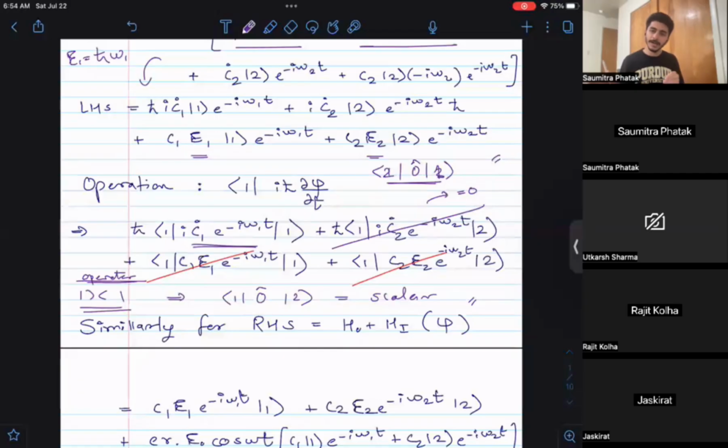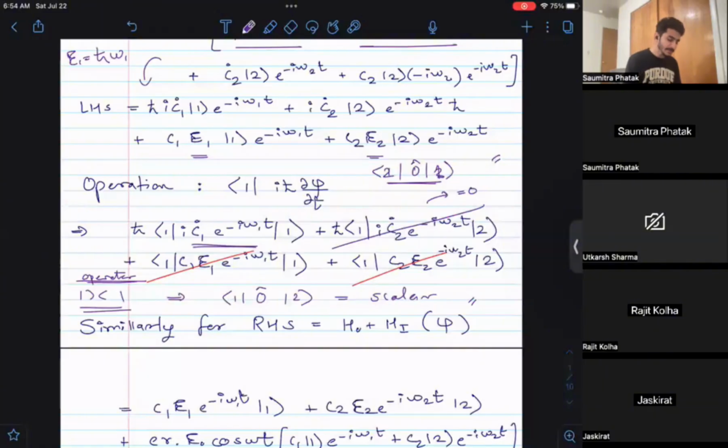You are staying where you are, and that doesn't make sense physically, so why would we even need to talk about that? Some of the terms here we can just cancel out, because in the real world they are not interesting terms. Whenever we talk about transition matrix elements, we always talk about going from one energy level to another, or coming from another energy level to the first.